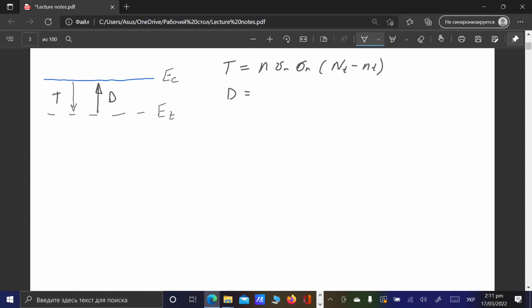Detrapping rate, we actually remember from previous discussions also. We have some coefficient alpha n, which gives the efficiency of detrapping process, times concentration of trapped electrons, because the higher number of trapped electrons, the higher probability that some of them will detrap.